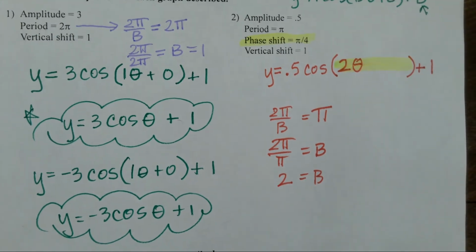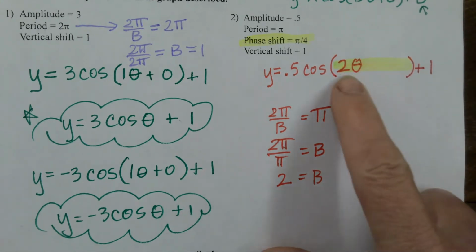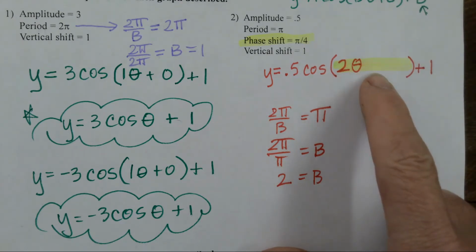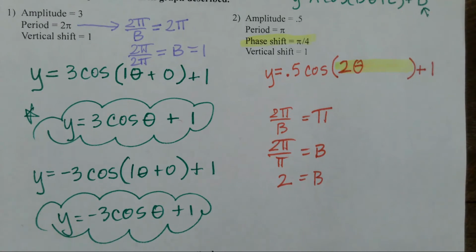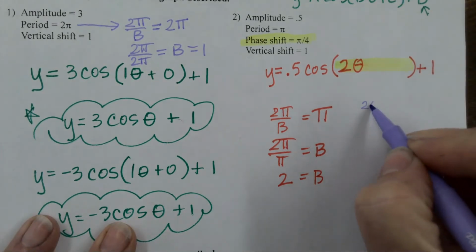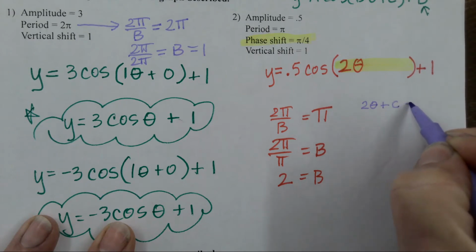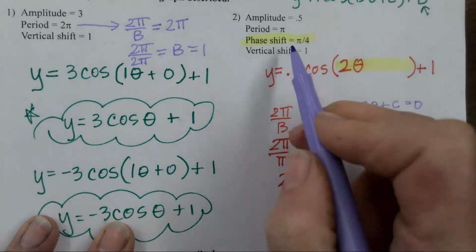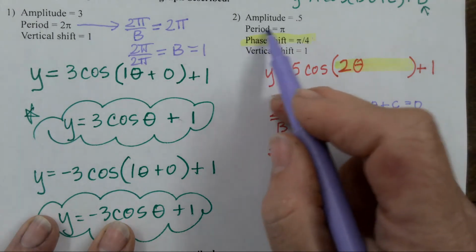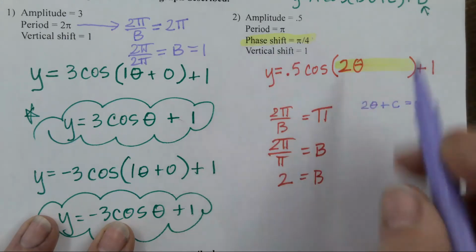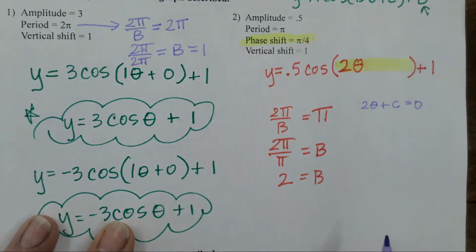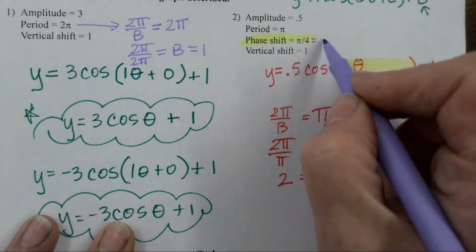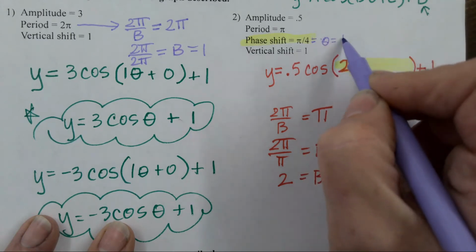Remember that when I set this equal to 0, when 2 theta, in this case, plus C equals 0, that's when I get a phase shift, or I solve for theta. That's when theta equals pi over 4. So the phase shift happens when theta equals pi over 4.